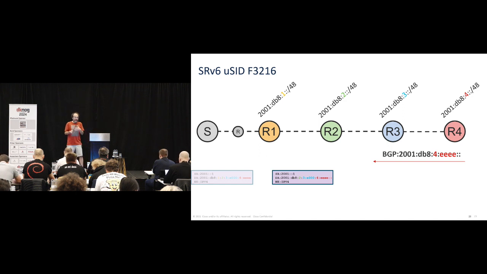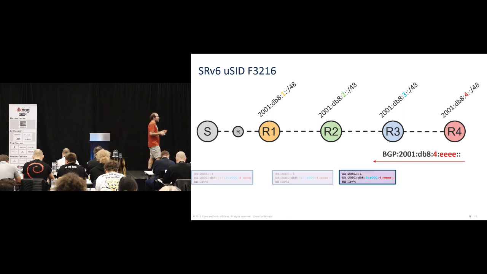It will forward it towards router 2 because the new destination address is 2001:DB8:2, whatever is beyond. Again, it goes through a couple of legacy devices that don't understand any SRv6 micro-SID at all, just destination address lookup. We get to router 2. Router 2 will do, again, shift and forward: shift by 16 bits and forward towards the new destination address.